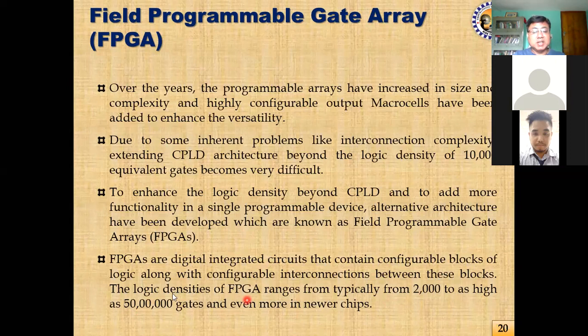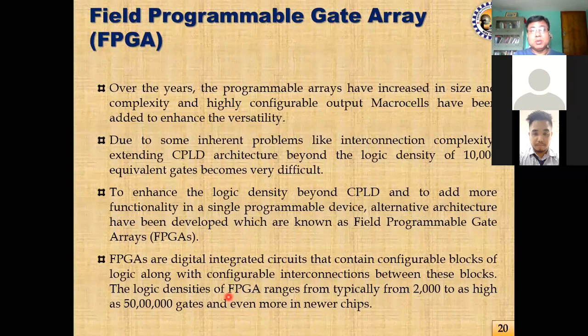Now, what is this logic density? Let me explain to you. We know that NAND gate and NOR gate are universal gates. Especially the NAND gate, we can design any circuit using only NAND gates. That's why it is called a universal gate. So in digital system design, we measure logic densities in terms of equivalent NAND gates.